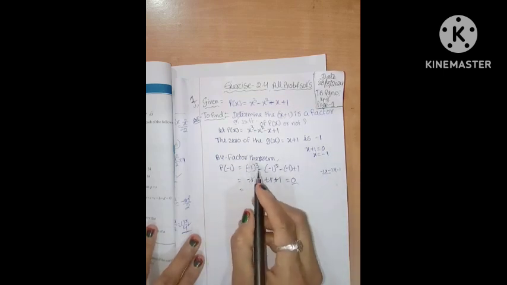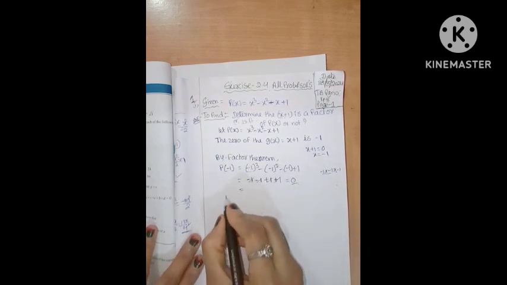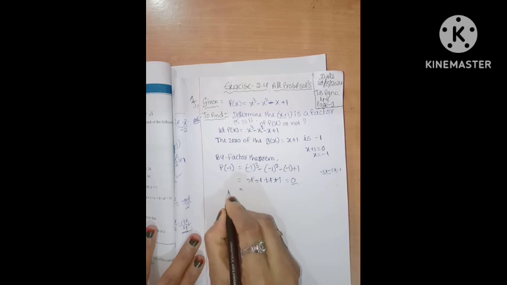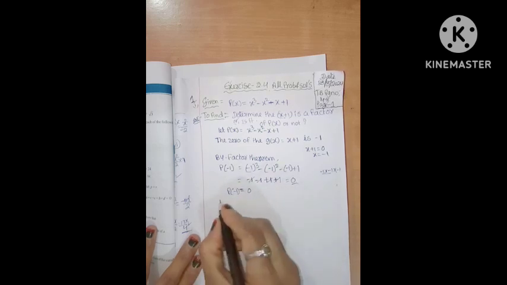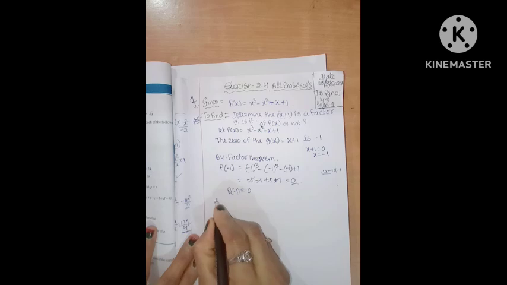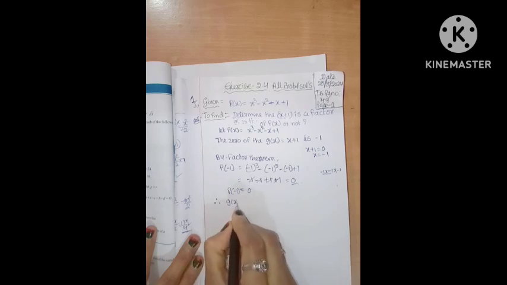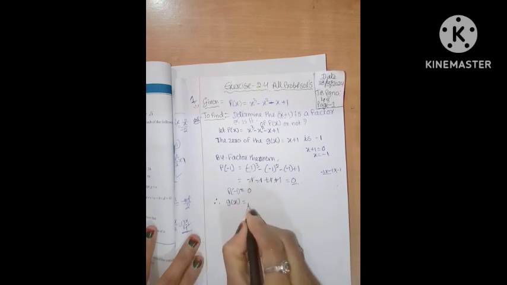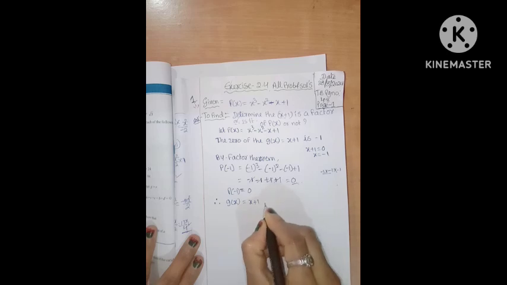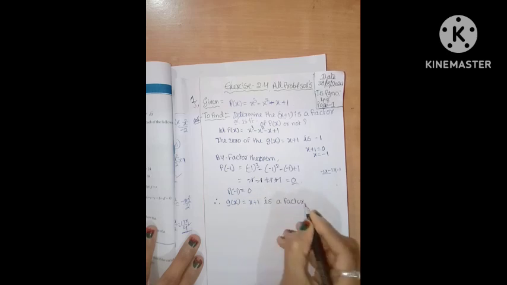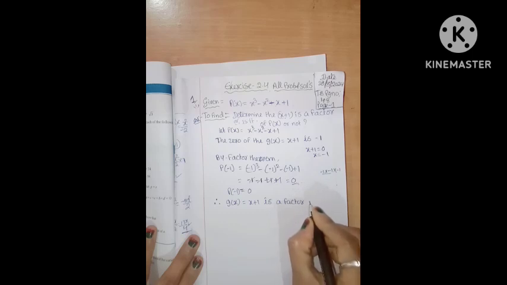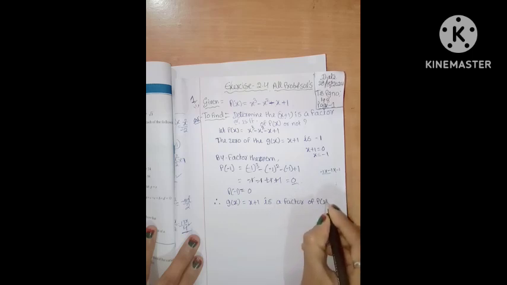That is the Factor theorem. Are you understood? So p of minus 1 equal to 0. Therefore g of x, that is x plus 1, is a factor of p of x.